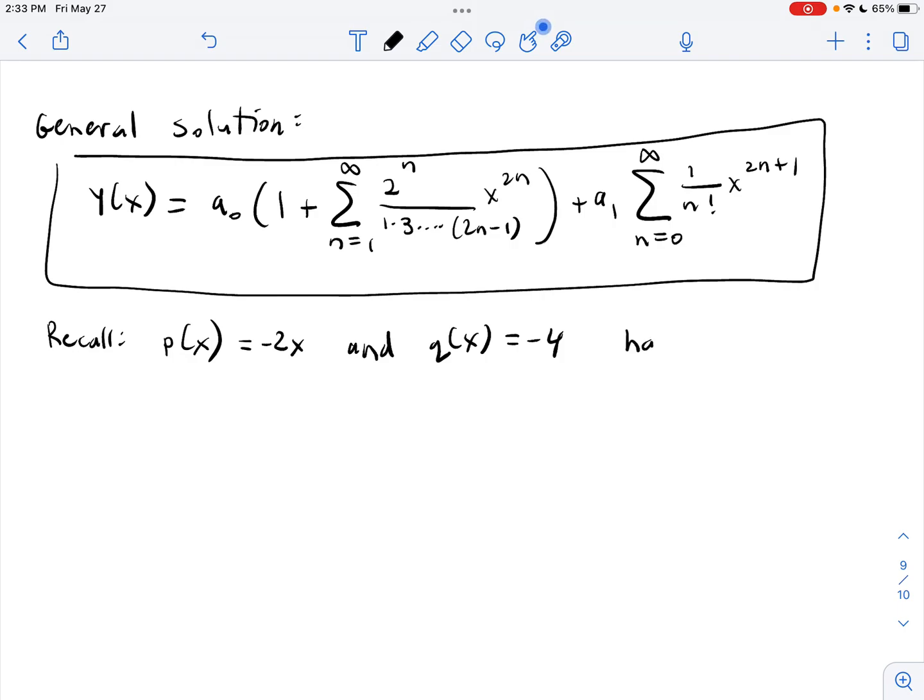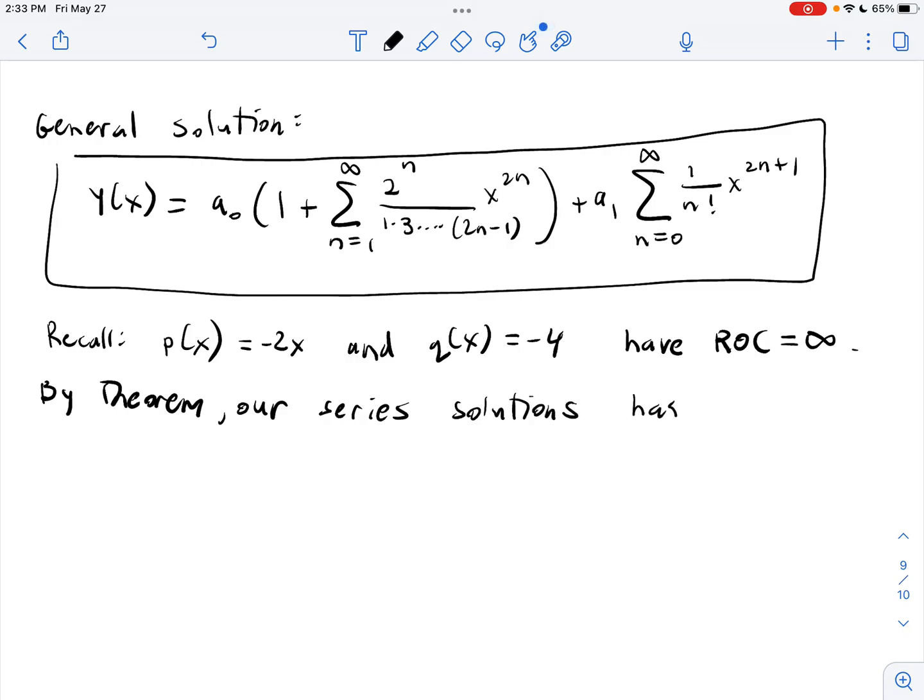There are no bad values here anywhere. These guys both have ROC equal to infinity. So that means by the theorem, our series solution has ROC bigger than or equal to the minimum of infinity and infinity, which is infinity.